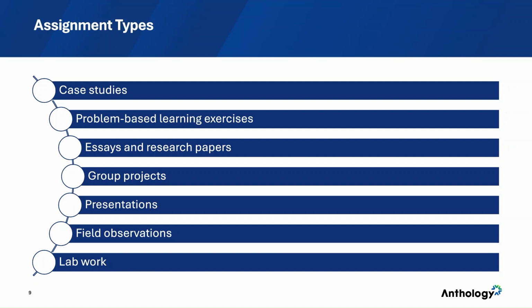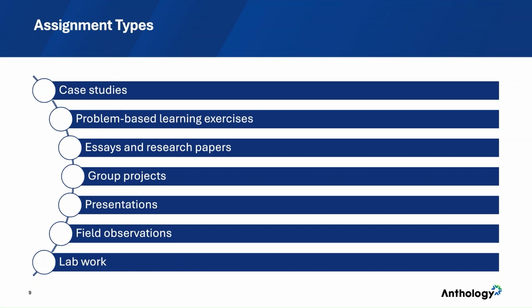Some of those assignment types, and this is creating the same assignment through the same create option, is just what you're going to add as instruction inside that assignment. So this is how you're going to apply the assignment item that we are showing today. You can add a case study, activity, or maybe problem based learning exercises to your students. You can request essays and research papers.